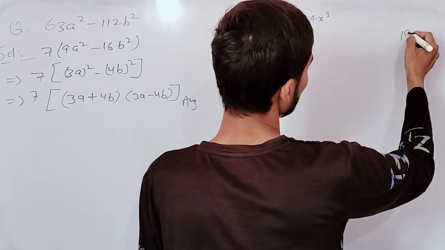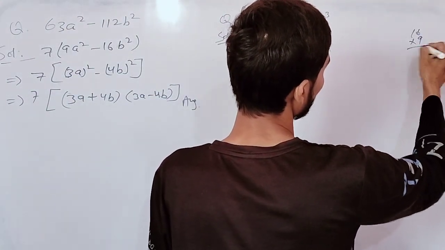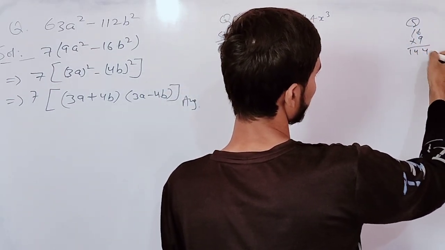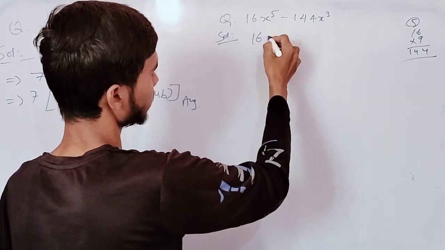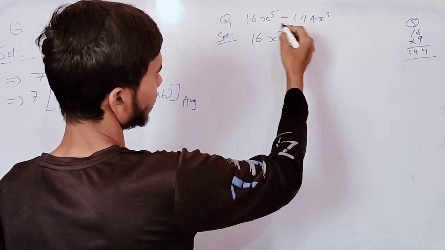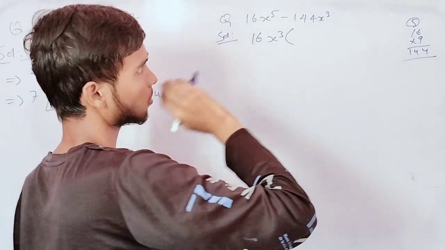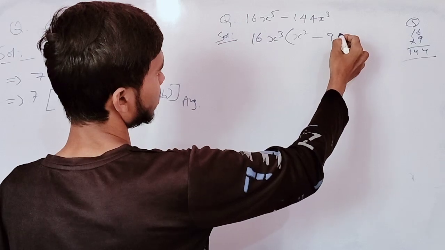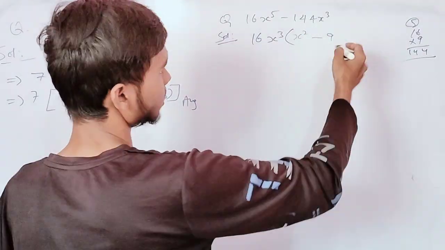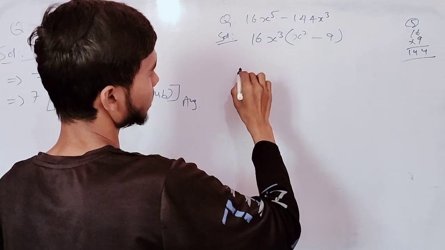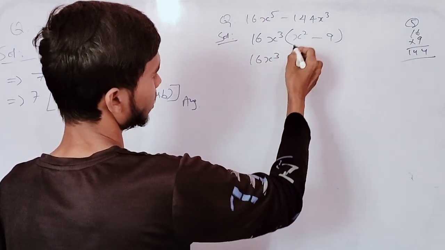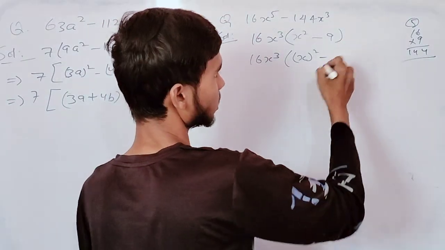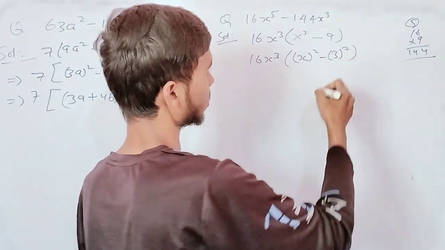Then 16 times 9 is 144. So 16x cube, and here we will have x square minus 9, and x cube, both are same. It will be as it is. Now 16x cube, x square can be written as x raised to power 2, and 9 is a perfect square of 3. Clear?